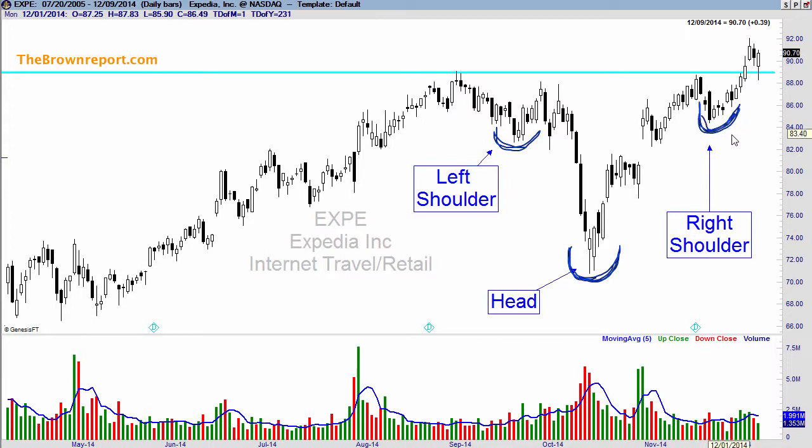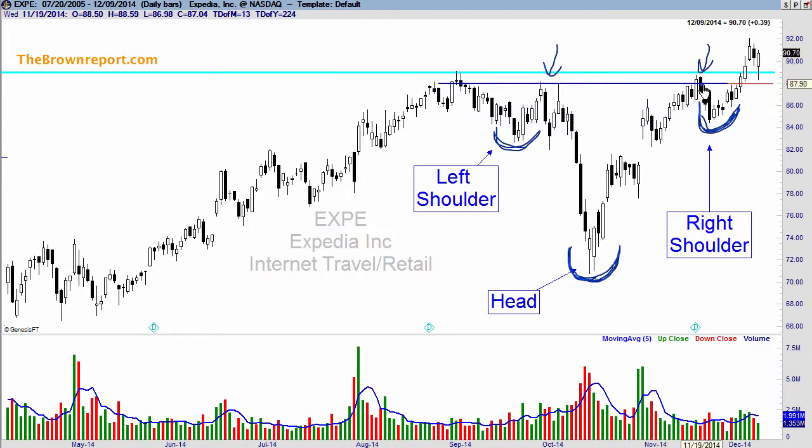Now the thing about a head and shoulders pattern is it's not complete until it breaks the neckline. The neckline is considered this area right here, but I am going to use one of these to draw it. So this is the neckline right here, or you can consider it these two peaks right here.